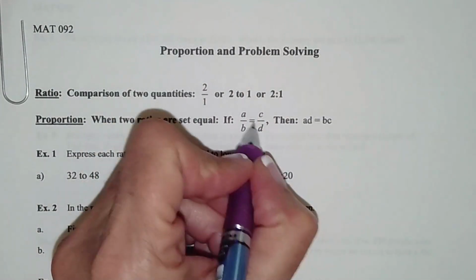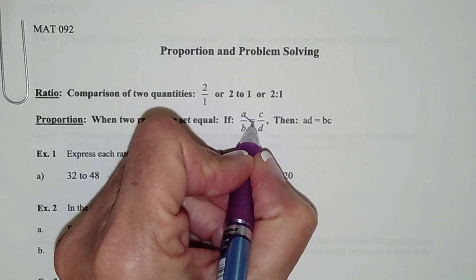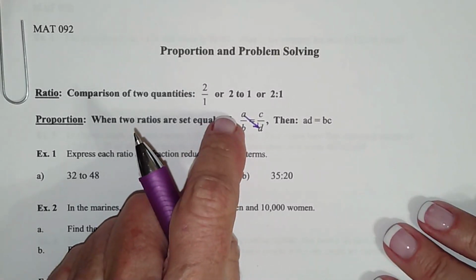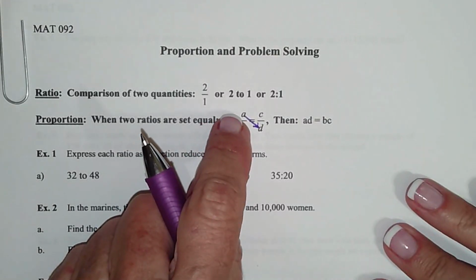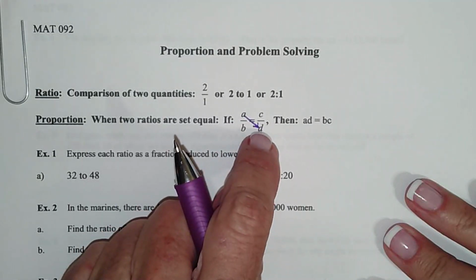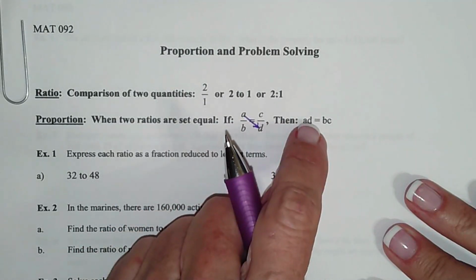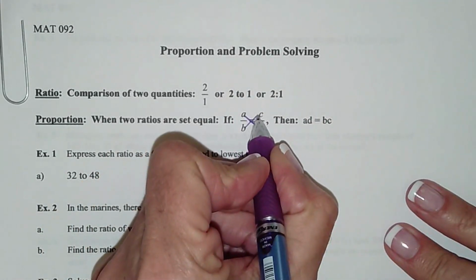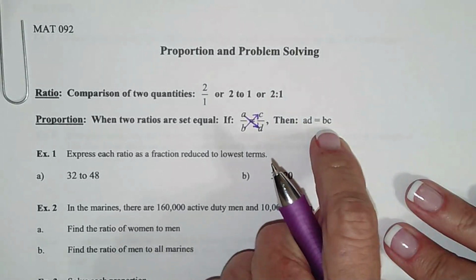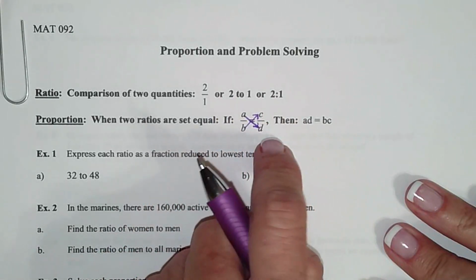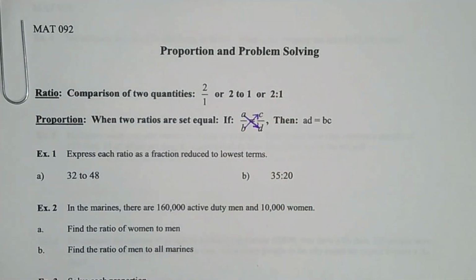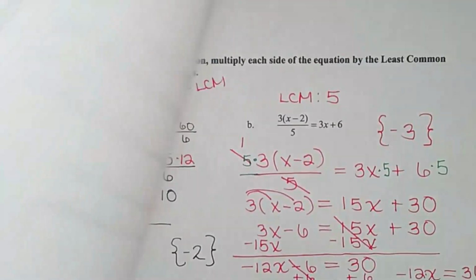And this is the part most students remember from high school or past math classes. You set your 2 cross products equal. That means you multiply. A times D is AD, and you set it equal to the other cross product, which is B times C. So A times D equals B times C. You're probably thinking, well, why didn't she show us this on the last page?